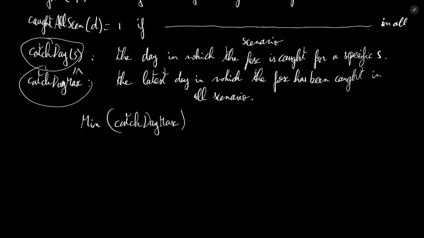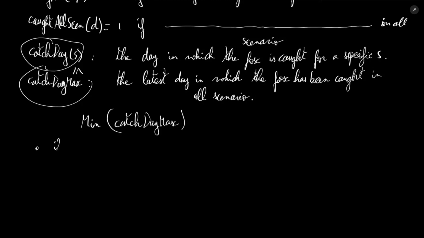Okay. So now what are the equations, the constraints that are going to give some rules inside this problem? One of the first rules that we can take into account is that if the fox is not in D, H, S, then we are not going to catch it for sure. You cannot catch a fox that is not in a specific place in time and in space and in a specific scenario.